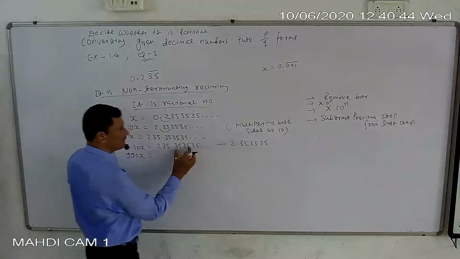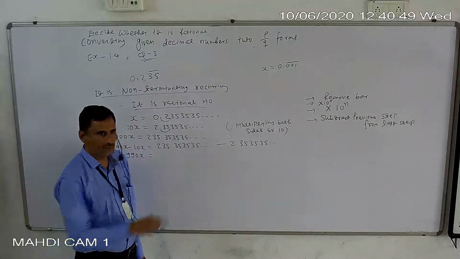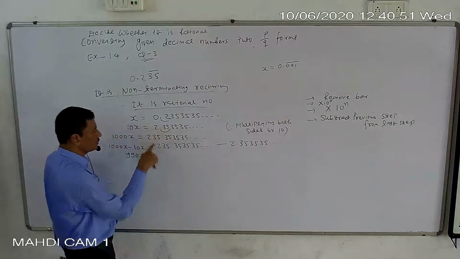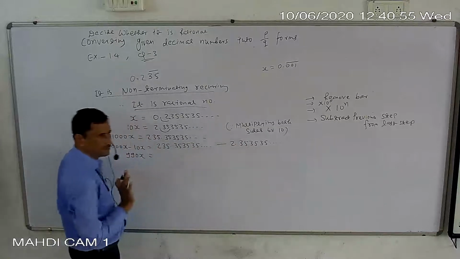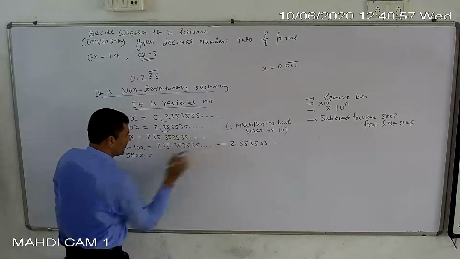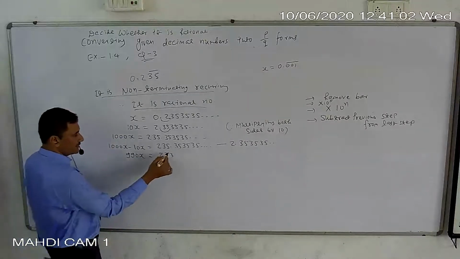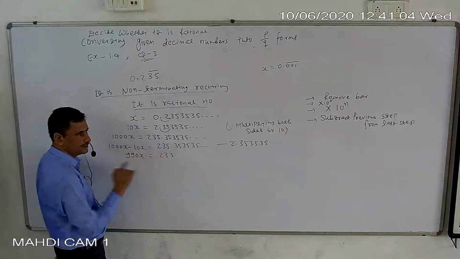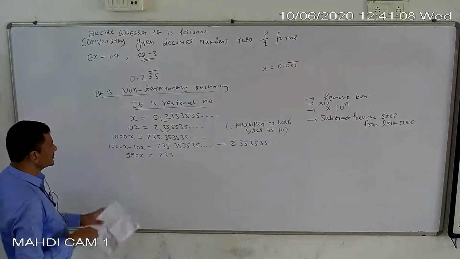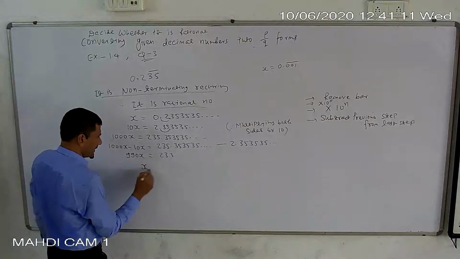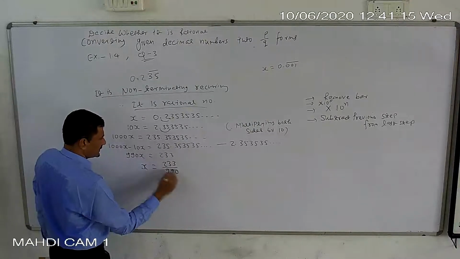Now I told you the decimal part will always become equal whenever you go through this type of process. So 235 minus 2, 233. Always you will get an integer here, remember it. Now just shift 990 here, so 233 upon 990.